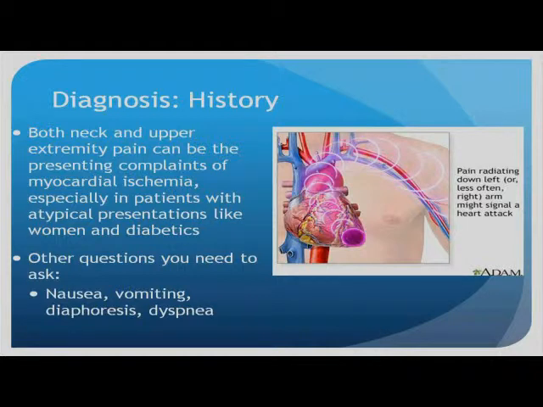So on and so forth. Remember that women have very atypical presentations as well. And so you want to make sure that they don't have any other symptoms like nausea, vomiting, diaphoresis, dyspnea, so that you can rule out that there is anything problematic that is not needing to be addressed by manipulation but needs more urgent care.